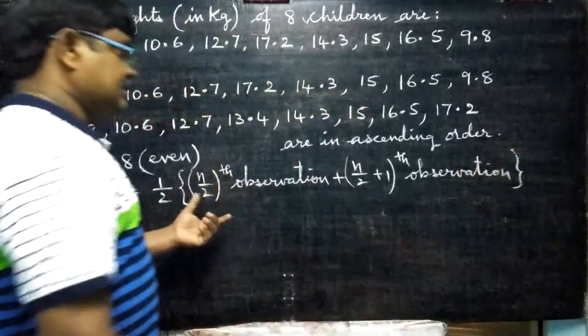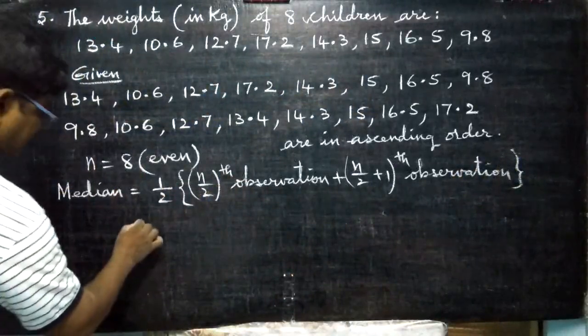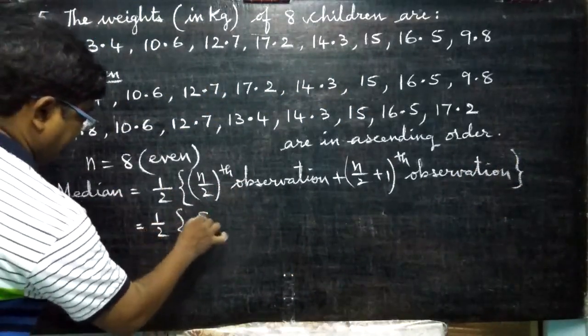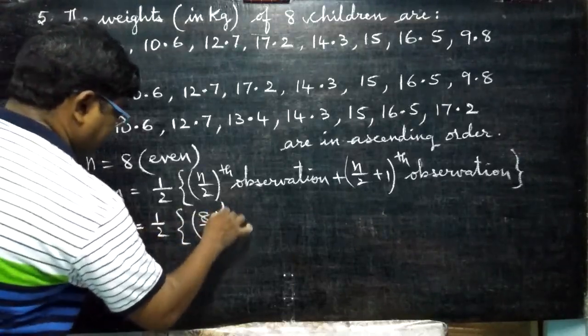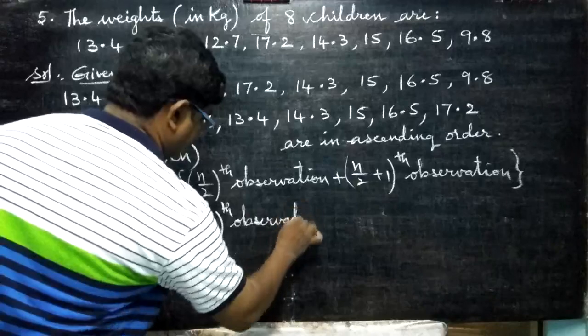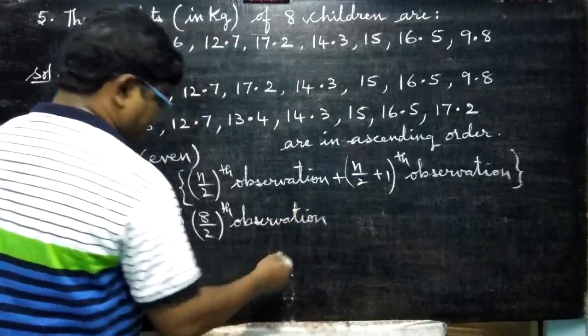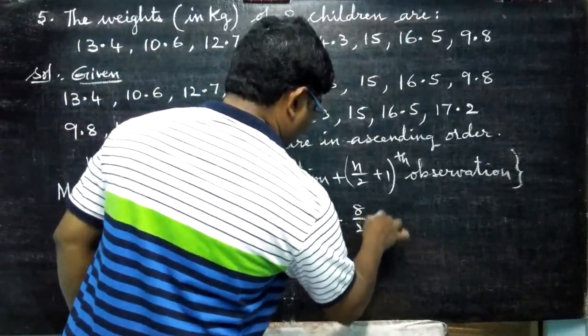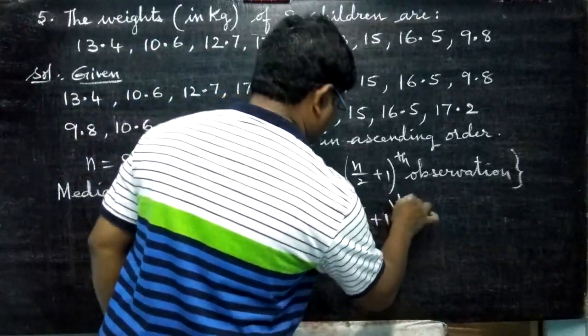So half of the (8 by 2)th observation plus the (8 by 2 plus 1)th observation.